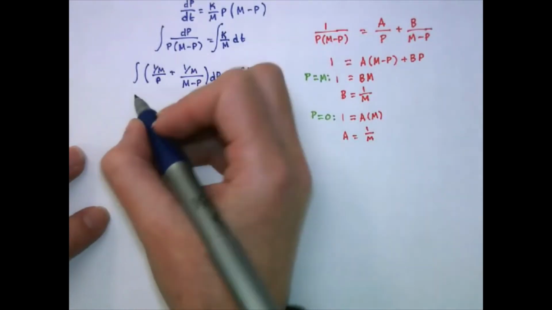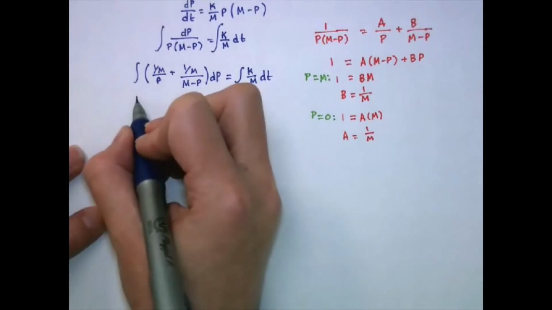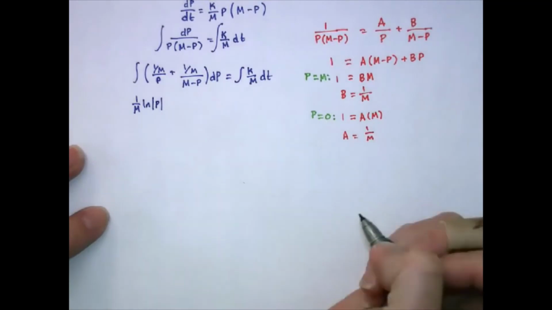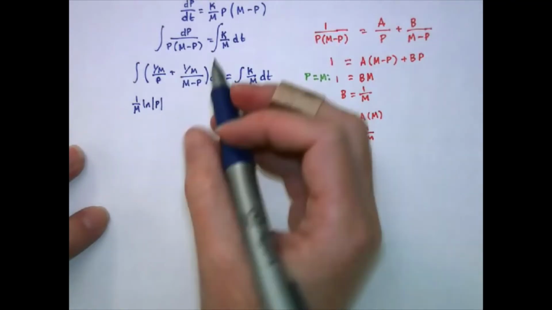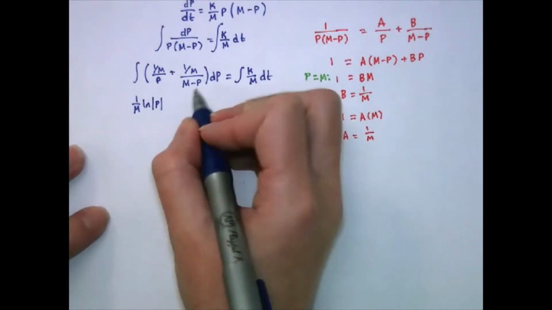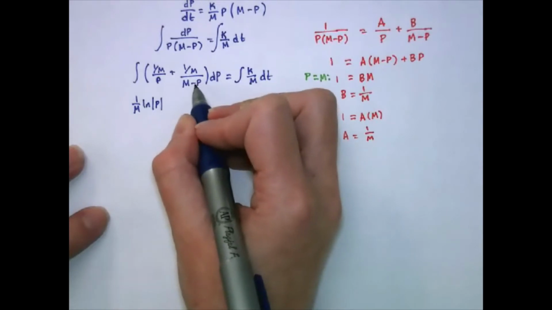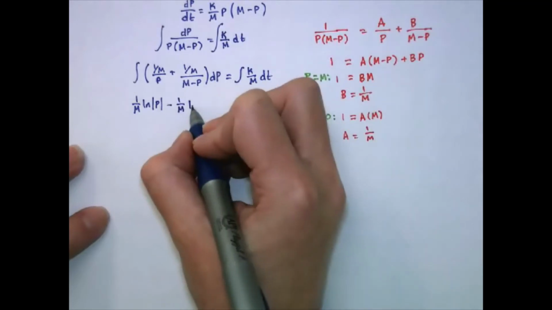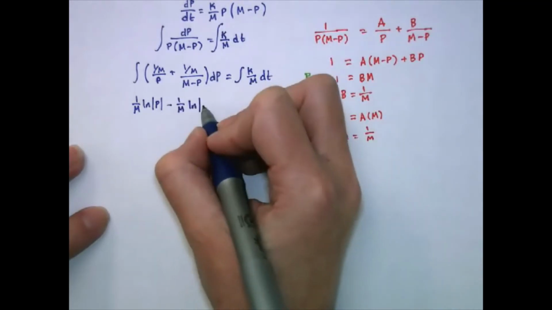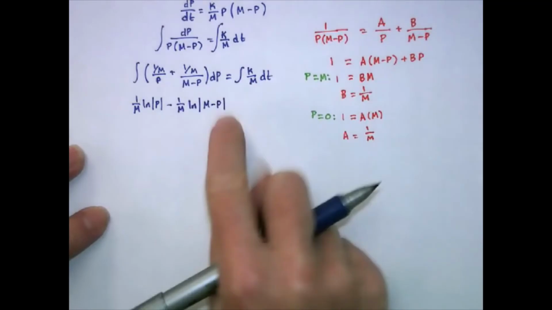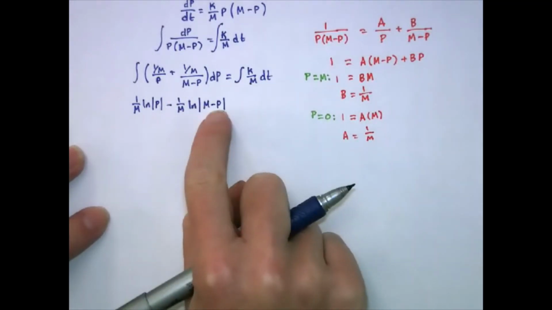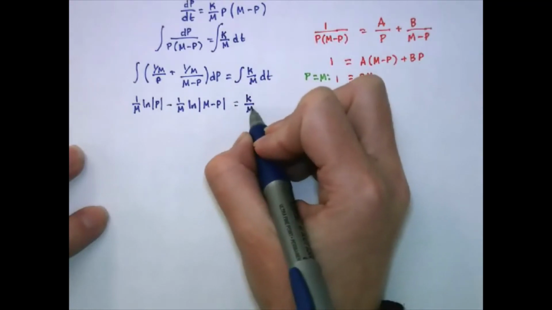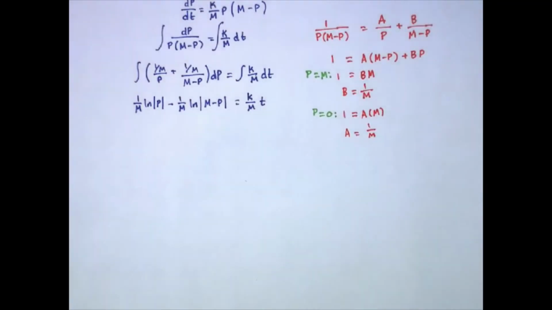This one is going to be 1 over m times the natural log of the absolute value of p. This one is also going to be the natural log, but when I integrate, we're going to have this minus here. So we're going to have minus 1 over m natural log of m minus p. And again, this would be plus, but because of the negative p, we include that. On this side of the equation, we're going to have k over m times t.